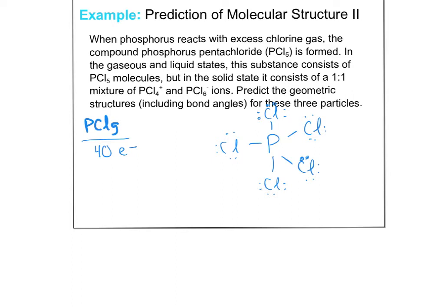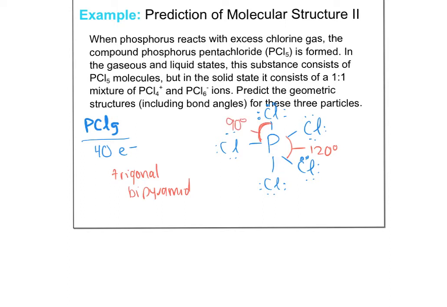Okay, if we look on our central atom, there is 5 bonded atoms and no lone pairs. So that gives me a trigonal bipyramid shape. And we know that these angles are 120 degrees. Say hi to Phoebe, everybody. And this angle from the top to the belly is 90 degrees.